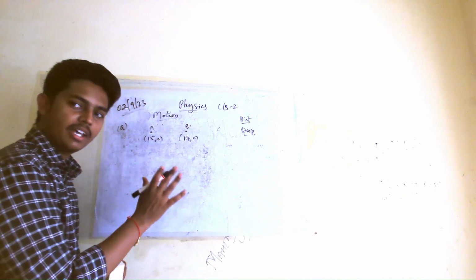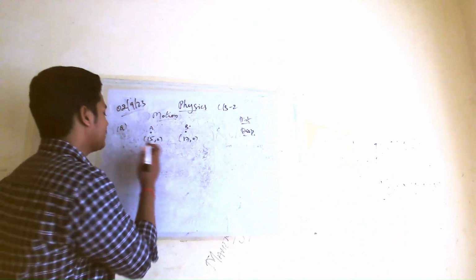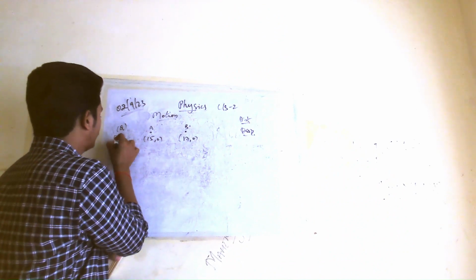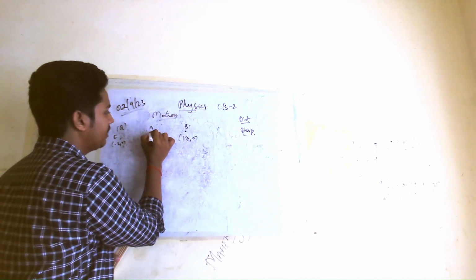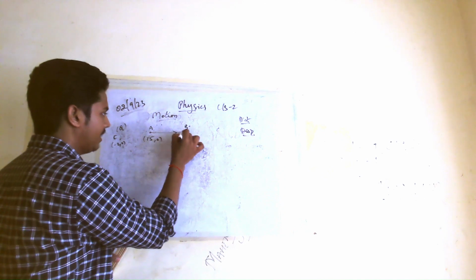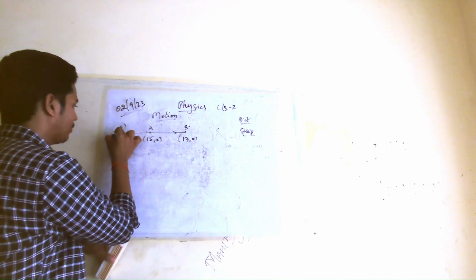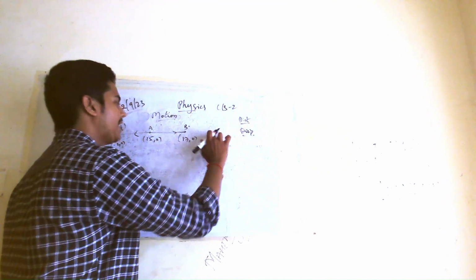I am not mentioning here whether it's meters or centimeters, whatever it is. It may be 15 meters, then 17 meters, like that. Now point C is at minus 2, 0. That means this is the first point. It is moving like this on the x-axis, and again it is coming back and coming to point C like this. Now we have to find the distance and displacement covered by this body.